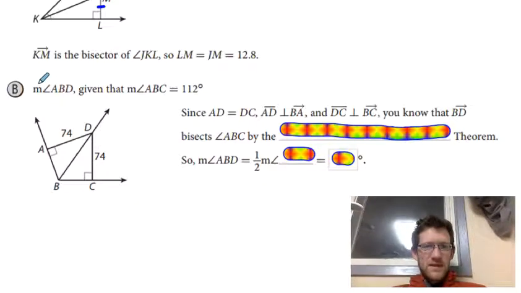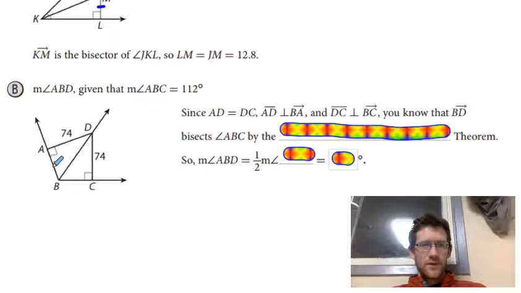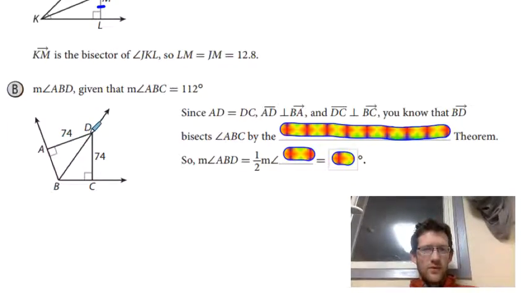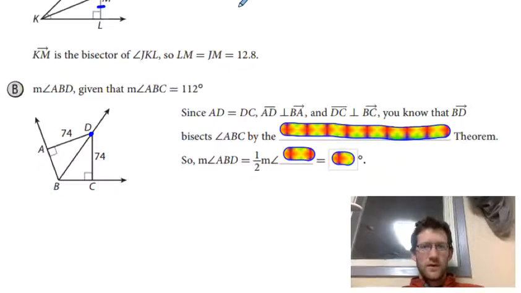For part B, we need to find the measure of angle ABD. The given is that the measure of angle ABC is 112 degrees. Here we have point D, and point D is equidistant from ray AB and ray BC, right?